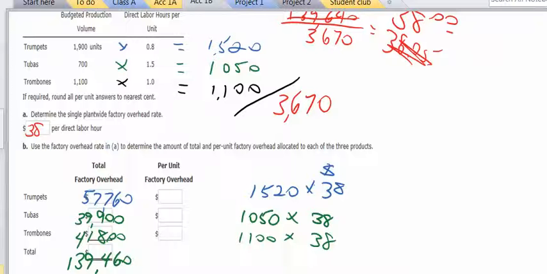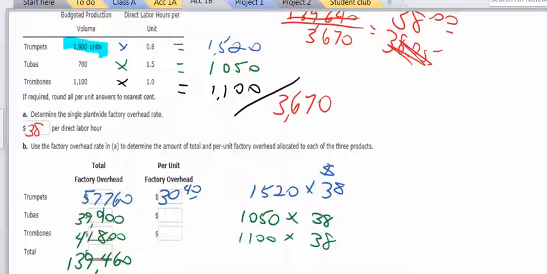We can find the cost per unit by taking the 57,760 divided by the number of units. So if I take the 57,760 and divide it by the 1,900 units, I'll have an answer of $30.40.